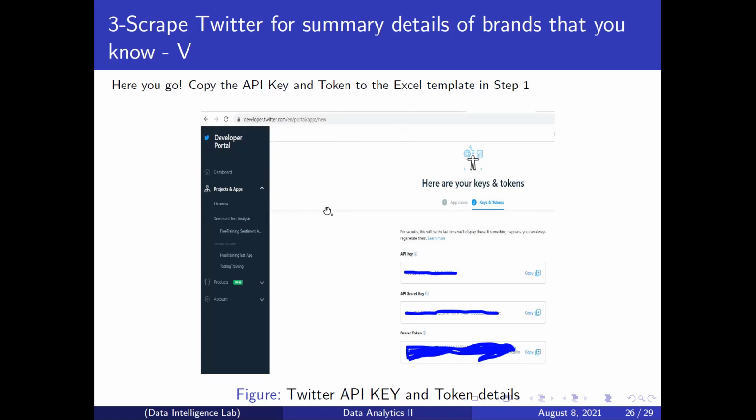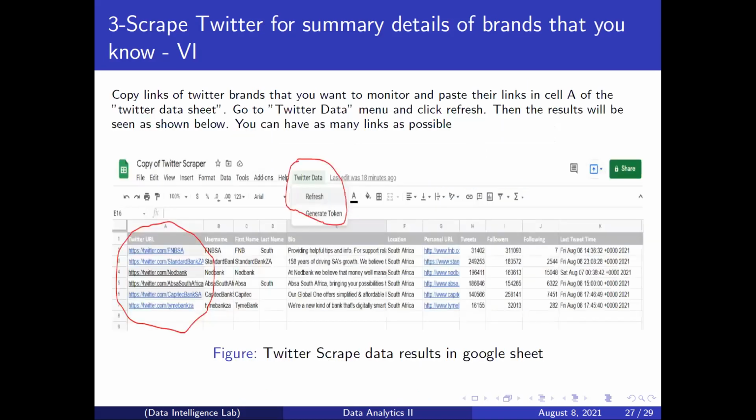So this would help you to connect from your own data source, which is the Google Sheet, to the Twitter data source, right? So I'm just going to show you where you are going to put the API key information on the Excel template you downloaded before you can complete the sentiment analysis.